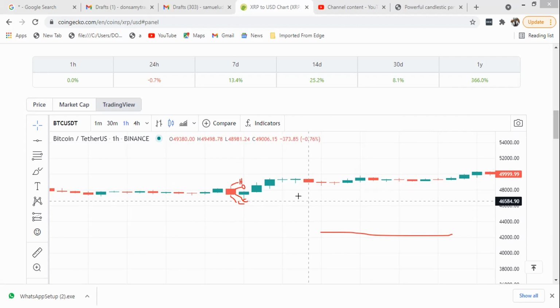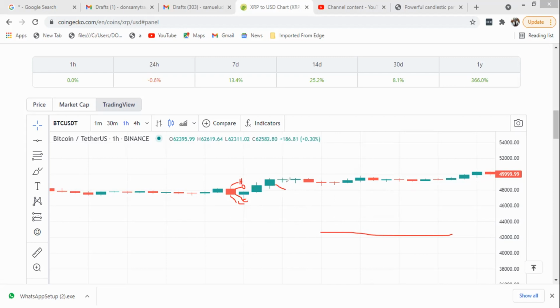Okay, let's look at the green candle. Anytime you open your chart and you see the green candle, it shows that at that particular moment, that coin went high. So if you look at this candle, where my cursor is, this price started here.